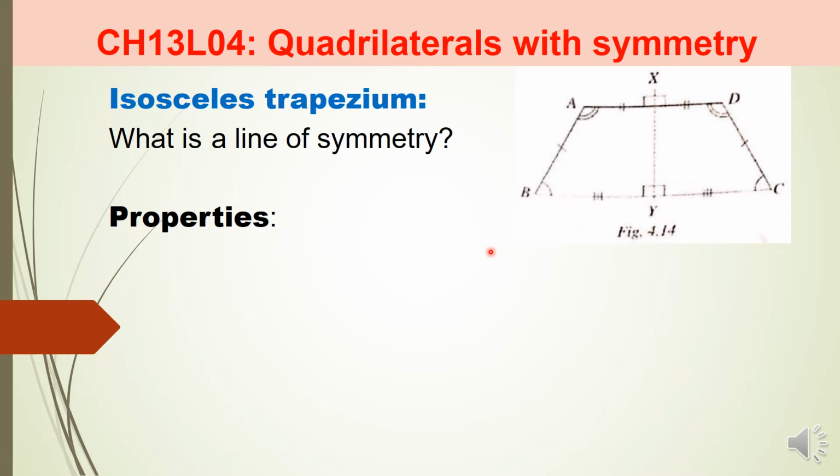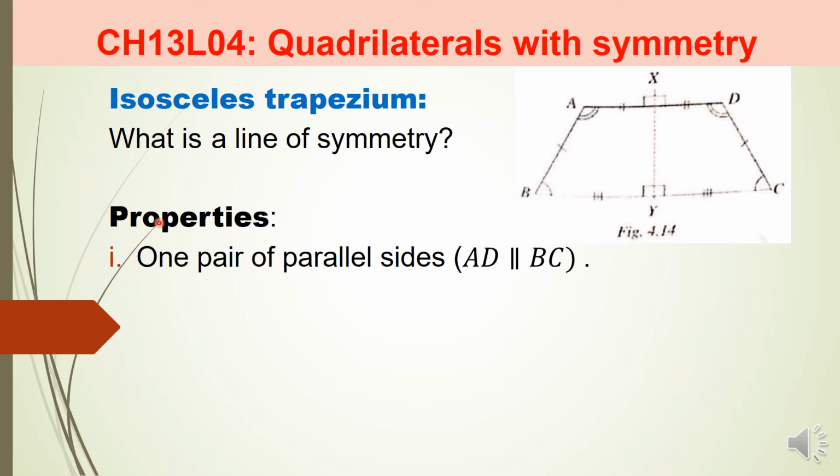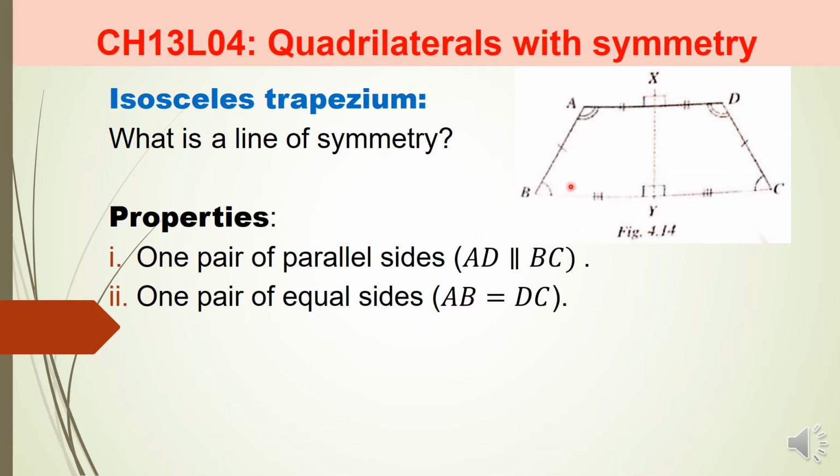By this symmetry, you will obtain one pair of parallel sides. The sides AD and BC are parallel. Side AD is called the small base, and side BC is called the big base. Number two, one pair of equal sides: AB equals DC, because HY is the line of symmetry.